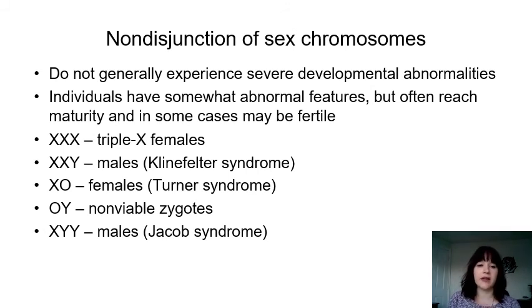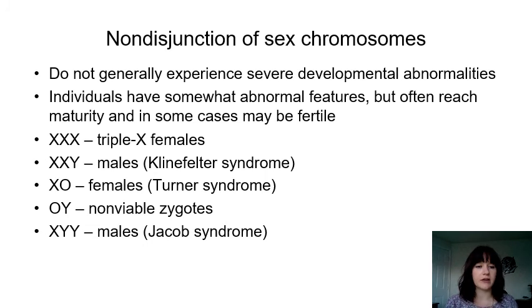We can also have non-disjunction of the sex chromosomes. Earlier, chromosome 21 is an autosome, right? It doesn't have anything to do with determination of sex. And interestingly, most individuals that have non-disjunction of the X chromosome are able to survive, and some of them may be fertile as well.